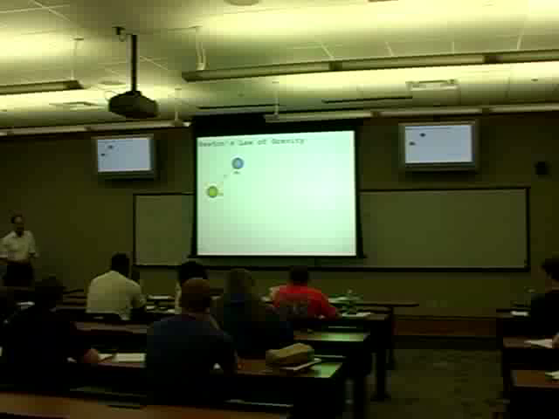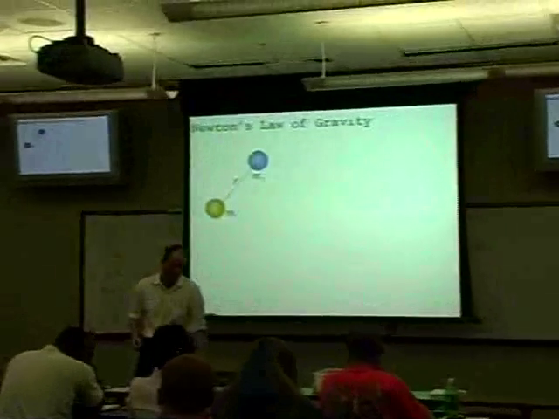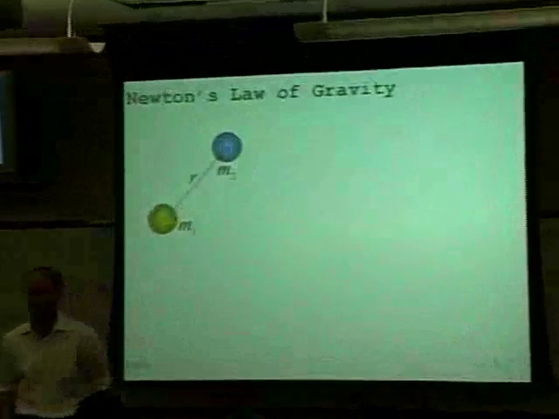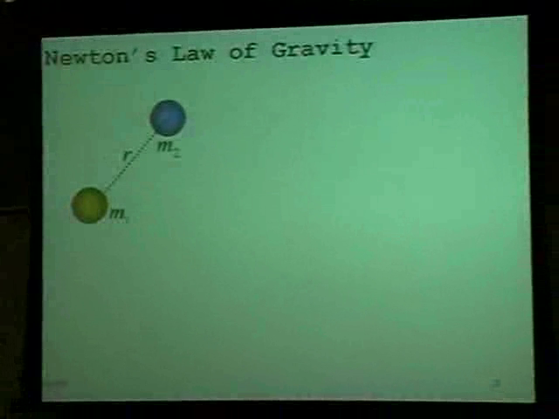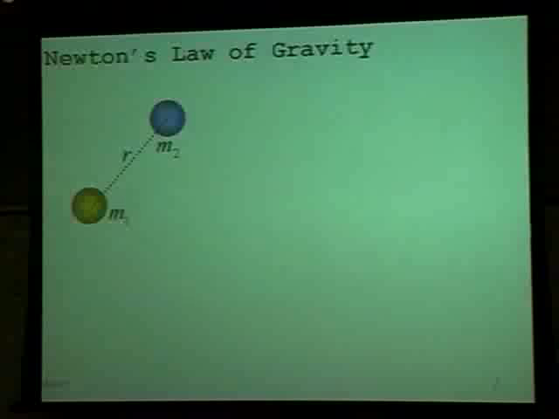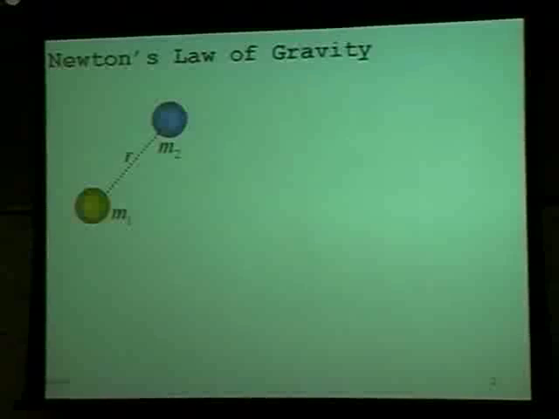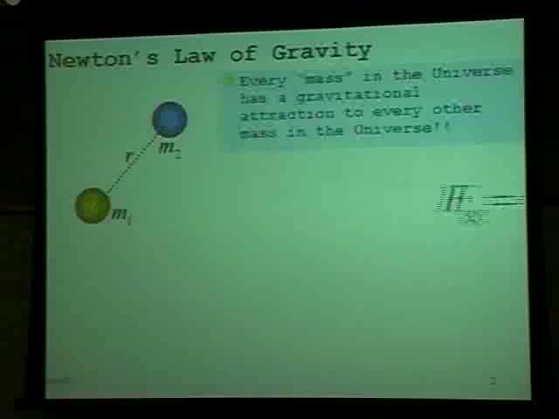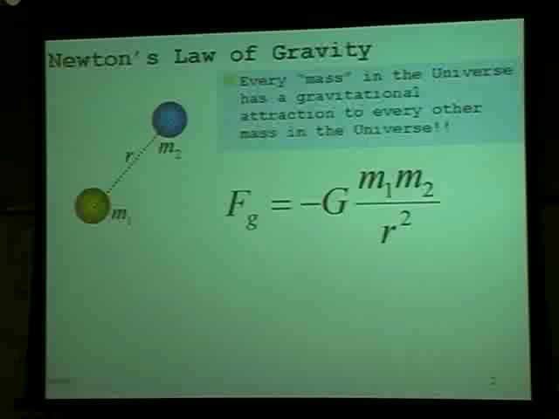First thing is to introduce, right off the bat, Newton's law of gravity. It's a law that Newton first proposed in his Principia, and it's something that could be derived just by experimental observation. You notice that you have two masses, and if you increase the mass of one, the force between those two masses would increase proportionally.